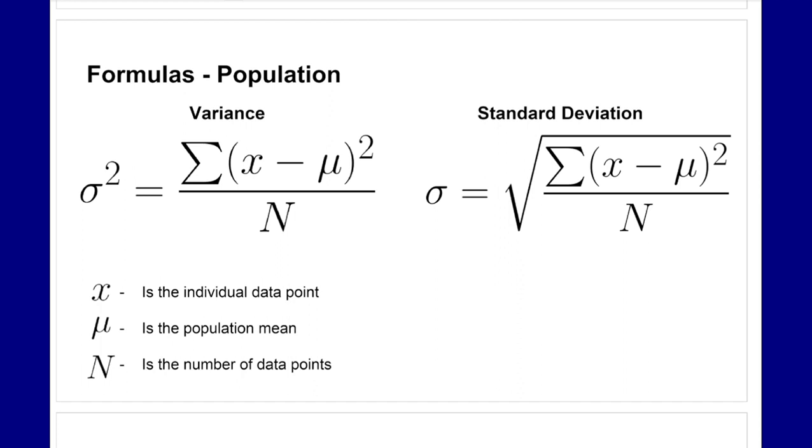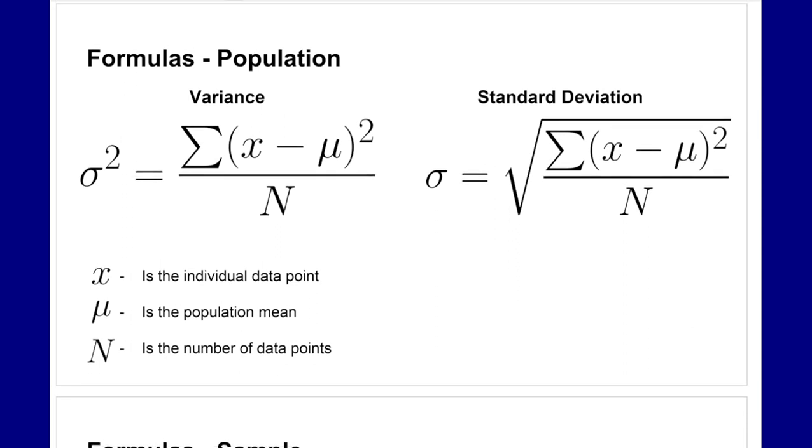The standard deviation formula is the square root of the sum of each value minus the mean, squared, divided by the number of data points. So we're seeing the average squared distance between each point and the mean, and then we square root it to find basically the average distance between each point and the mean. So basically, how far away is each point from the average.